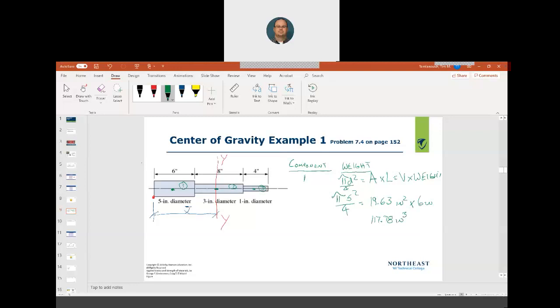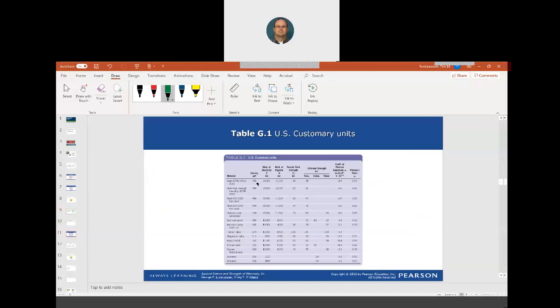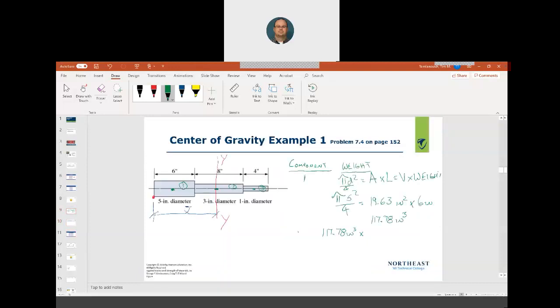So 117.78 cubic inches times, all right, so we know the weight of steel was, we look here, 490 pounds per cubic foot.